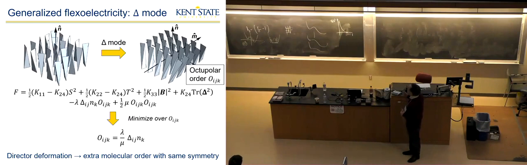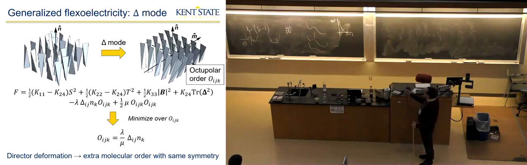And finally, with this delta mode, this is now totally speculative on my part, but if you have molecules with this shape, like distorted tetrahedra, and initially you have just ordinary nematic order, so they're random in the xy plane, and then if you apply the delta deformation, then you'll tend to align those objects.